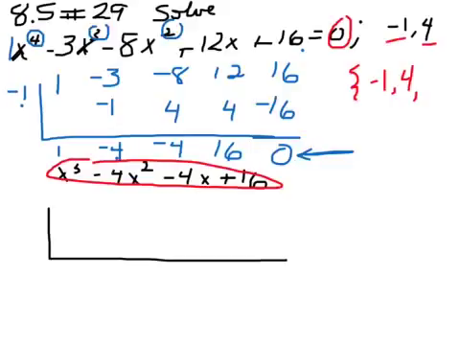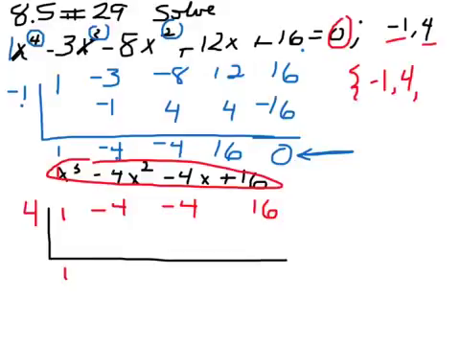That's when I did the synthetic division with -1. And this is what's left. So we're going to write what's left down now. There's a 1x cubed minus 4x squared minus 4x and 16. And they told us that another root was 4. Another solution is 4. So if I take this, if you think about it, that would be a factor of x minus 4. So if I take this out of it, it'll break it down even further.